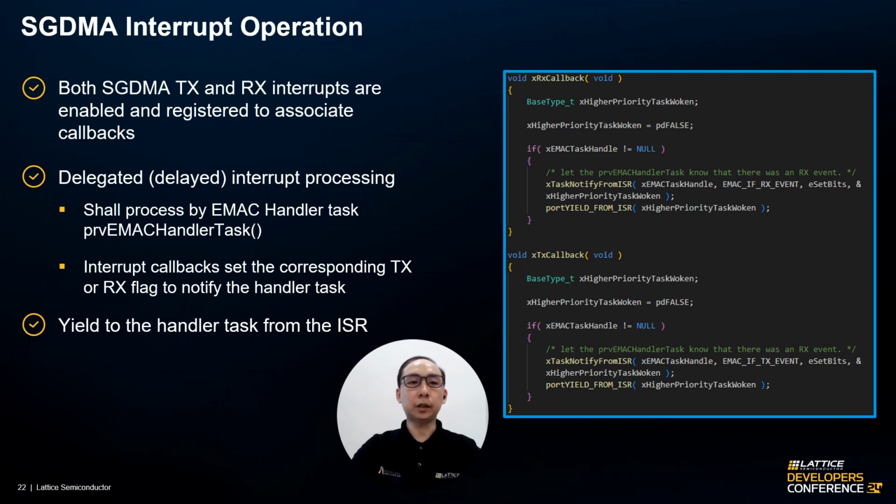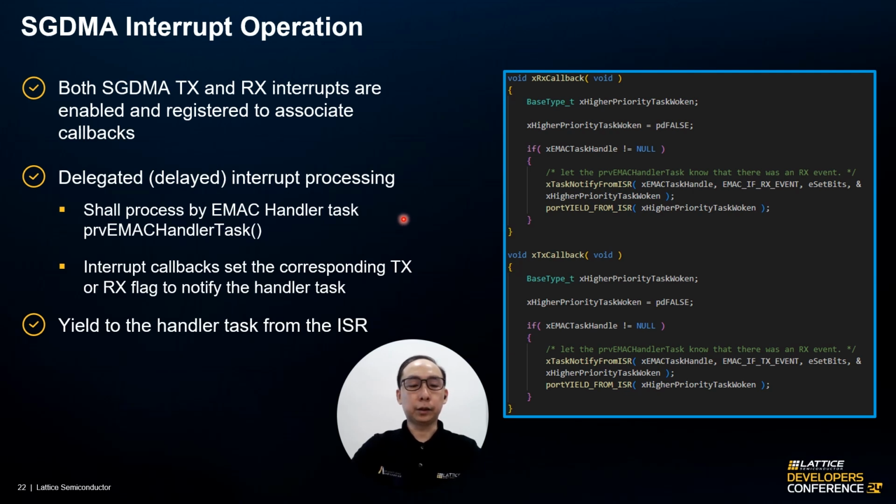Now, let's discuss more on the SGDMA interrupt operations. Both the SGDMA transmit and receive interrupts are enabled and registered to their associated callbacks, as shown in the diagram here. In the callback, a delegated or delayed interrupt processing method is used.